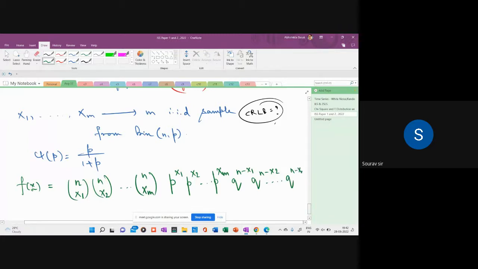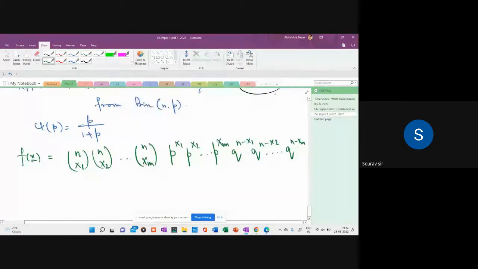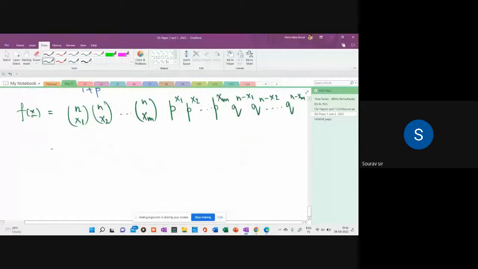How can we combine these things? Since they are IID, we can write it as a product. So we write the product over i running from 1 to m of nCxi. This is one thing. Next, we will have p to the power summation xi, i running from 1 to m, and q to the power nm minus summation xi.